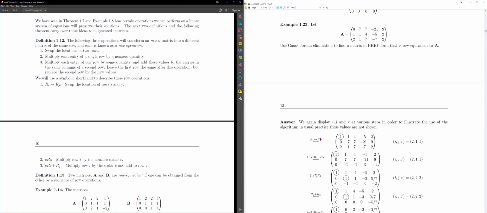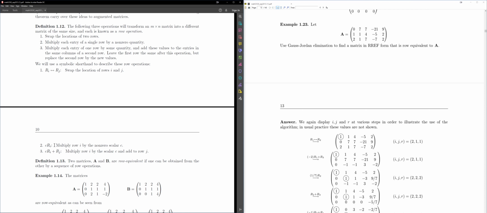So what you did is you switch row 1 and row 2. You don't really need the second arrow, really all you need is this line: row 1 exchange with row 2. It means that when you went from here to here, the end result is that you switch these two rows.